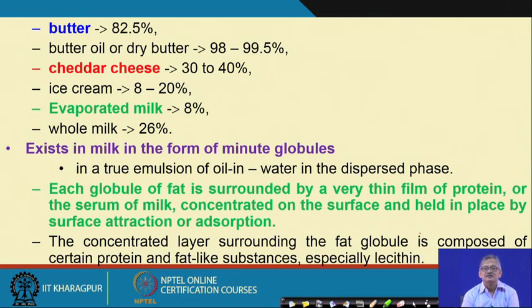So, that is more in quantity, so it is in the continuous phase, and fat is in the dispersed phase, and the emulsion is called oil in water.